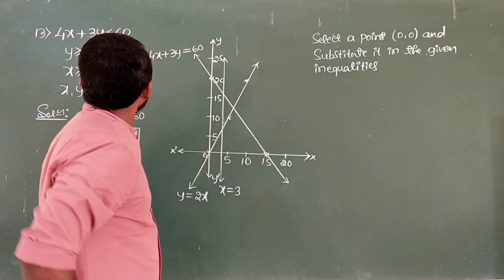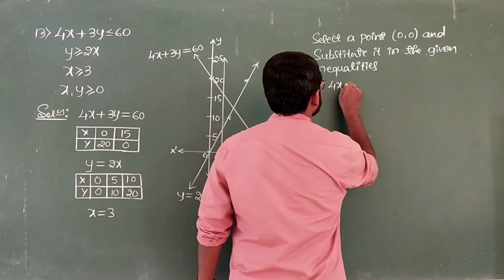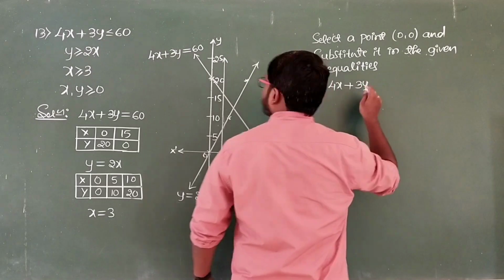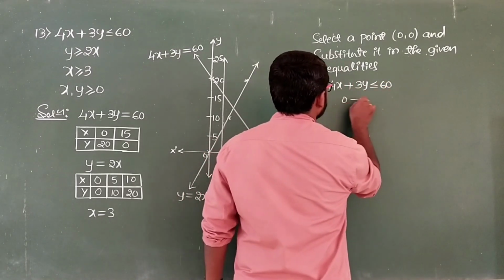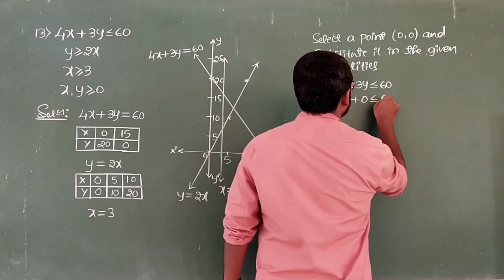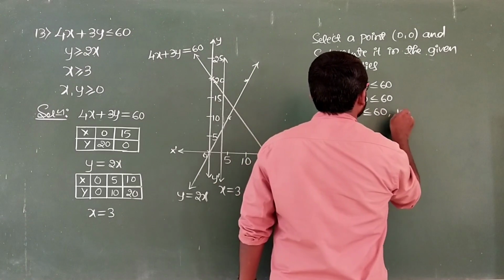Take the first inequality now. 4x plus 3y less than or equal to 60. Then 0 plus 0 less than or equal to 60. Then 0 less than or equal to 60, which is true.